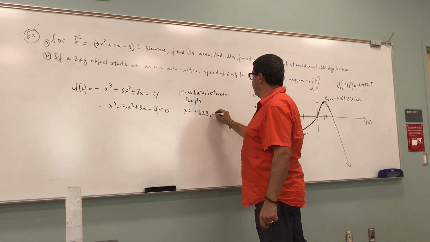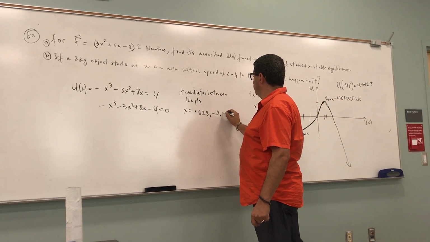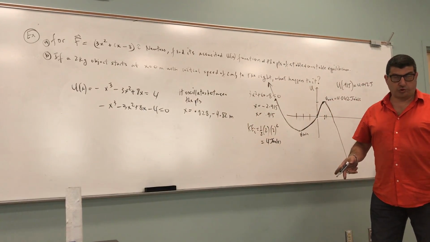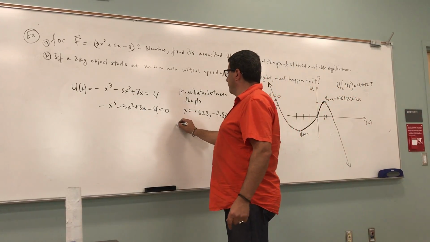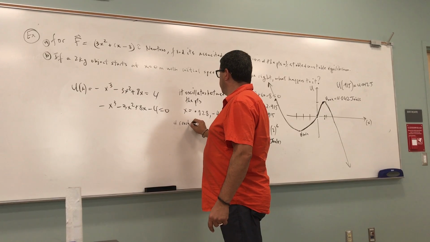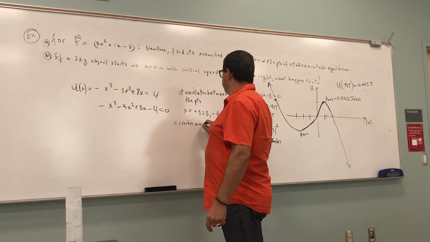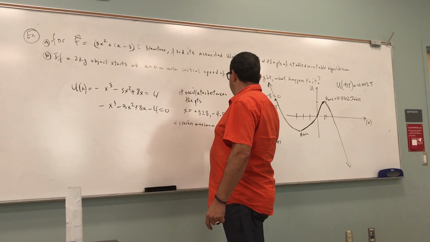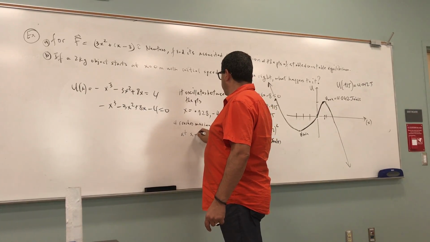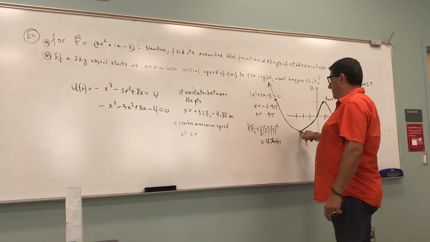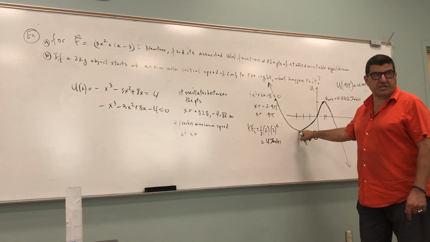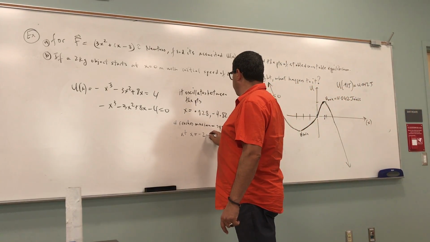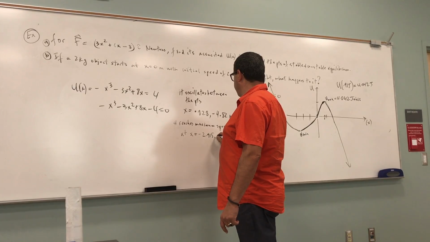Okay, negative 4.82. So it oscillates between these 2 points and reaches maximum speed at x equals the point where the potential energy is minimum. It reaches maximum speed at x equals negative 2.915.